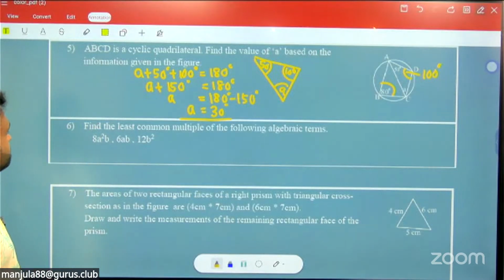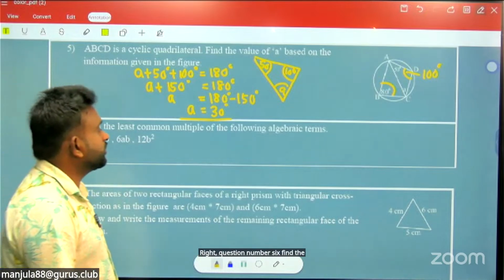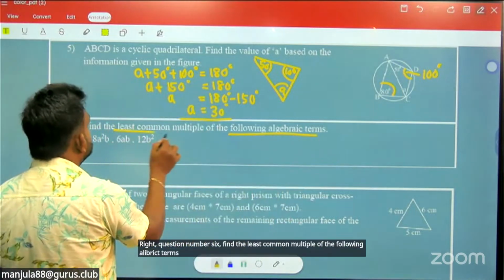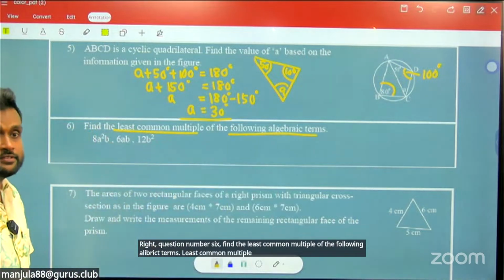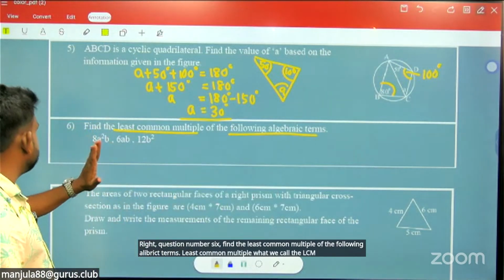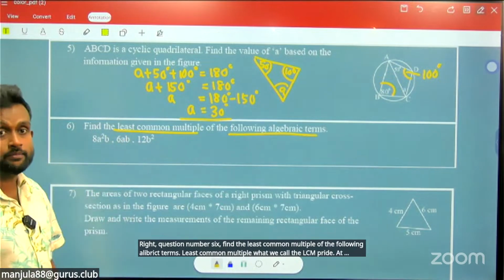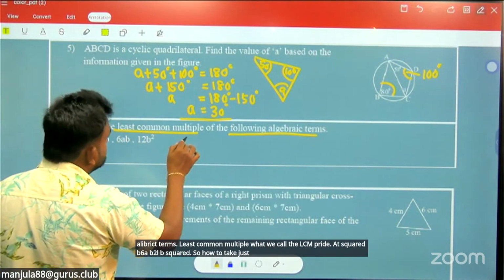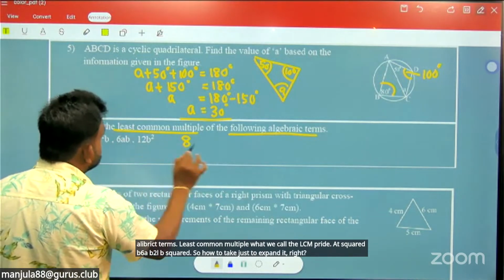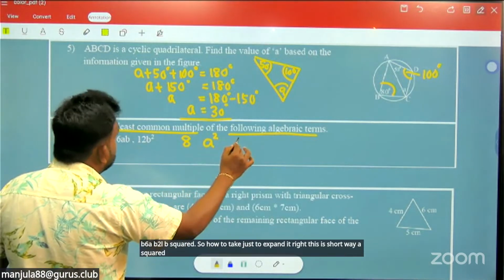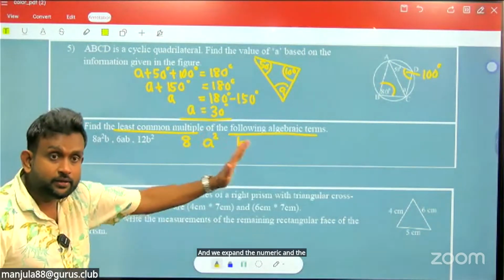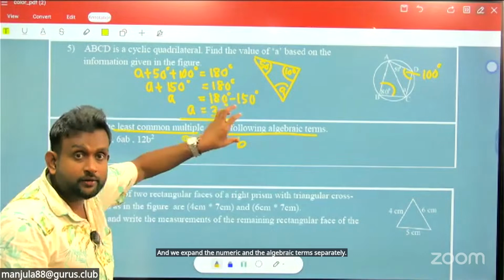Right. Question number 6. Find the least common multiple of the following algebraic terms. Least common multiple, what we call the LCM. 8a squared b, 6ab, 12b squared. So how to take? Expand the numeric and the algebraic terms separately. 8a squared b.